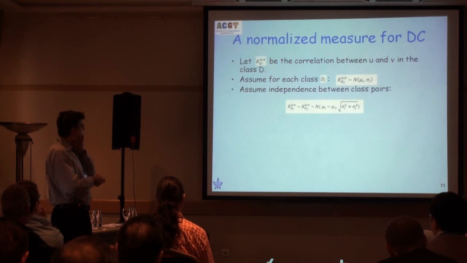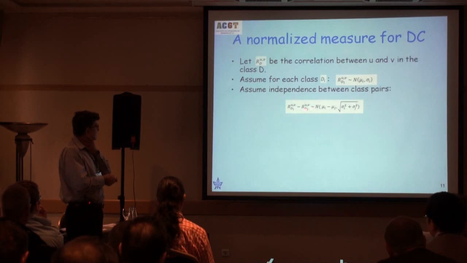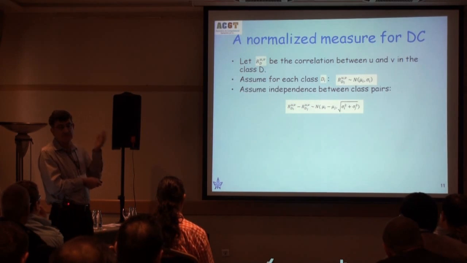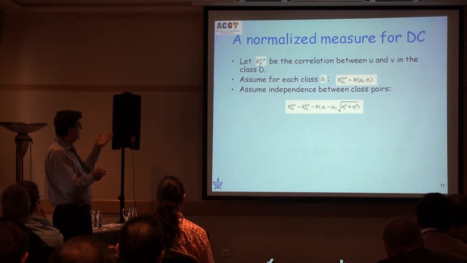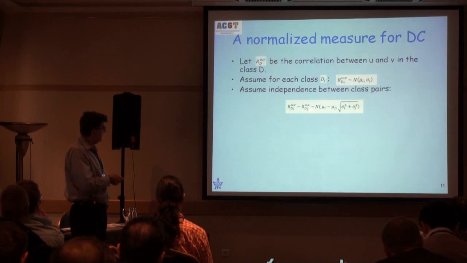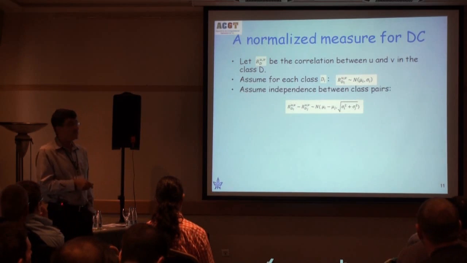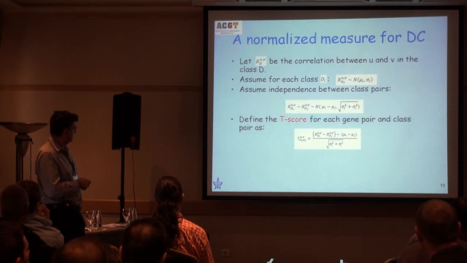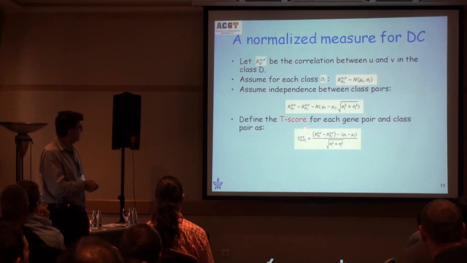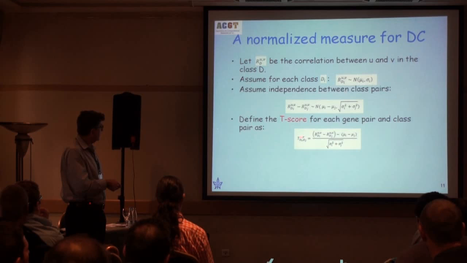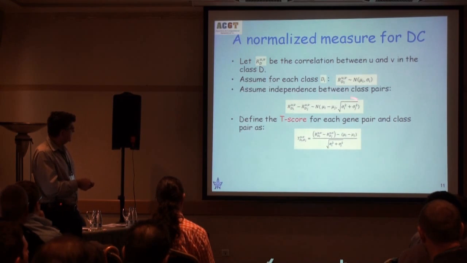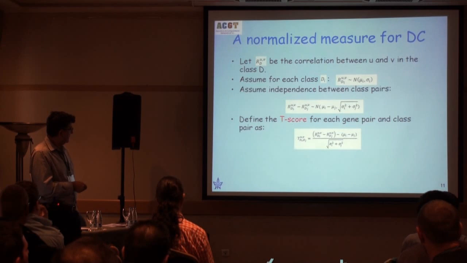And assuming independence between the class pairs, the differences, which are what we'll be measuring, the difference between the correlations for this particular pair of genes in class I and class J will also be normally distributed with the appropriate parameters. And we will use the name t-score for the value for a particular pair of genes and a particular pair of classes, which will be just derived from this formula.